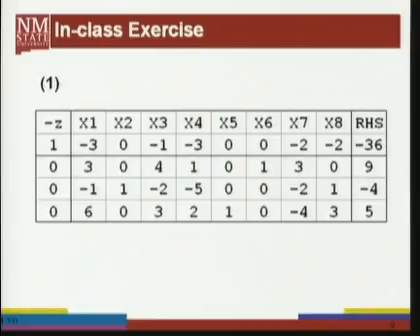But you should be careful. If you look at the right-hand side, one of them has a negative value, right? Here. What does it mean? One of the basic variables has a negative value.